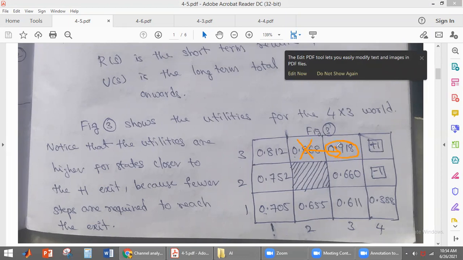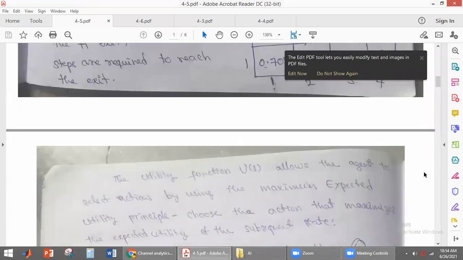So that is why the agent will take this direction to reach the terminal state. The utility values near the terminal state will be higher, so that the agent will prefer the state which is having the highest utility values.